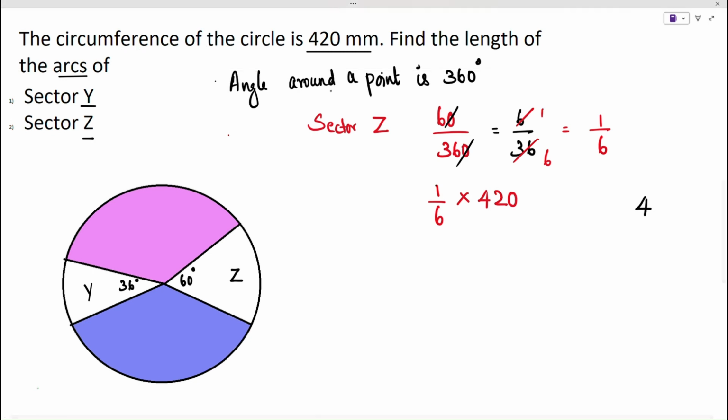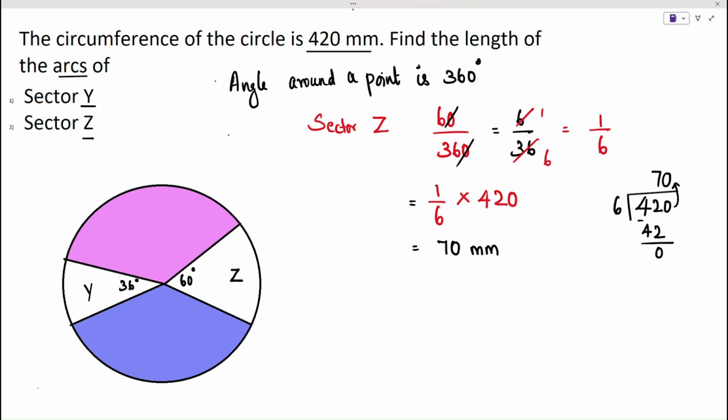Now we're going to divide 420 by 6. So 6 times 7 is 42. This gives us 0. And since there's a 0 remaining, we take that up to our numerator. We get 70. So 1 over 6 times 420 is equal to 70 millimeters. And so this is the length of the arc for sector Z.